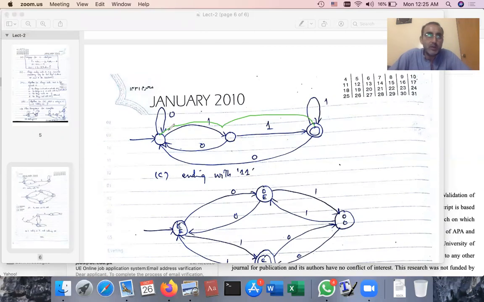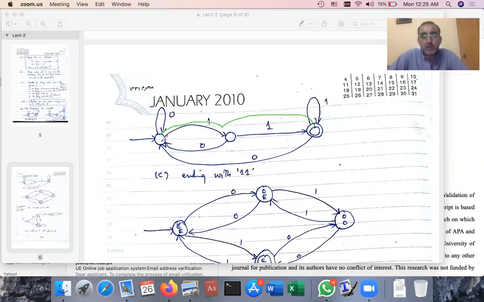So it could be 1 0 1 1. Okay, 1 0 1 1. So 1, so maybe 0 in the previous direction, and then 1 1. This string is giving me an idea that I have to put the arrow in the reverse direction.